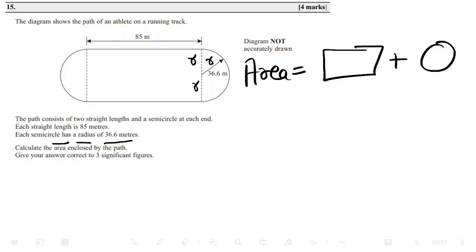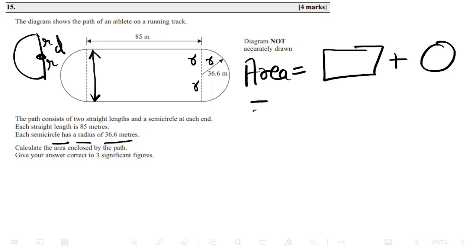So when we take this as combined, the radius is like this and the radius is like this. So this is actually the diameter, but also the length of the rectangle which is inside. Are you getting this point? Yes. Okay, great.